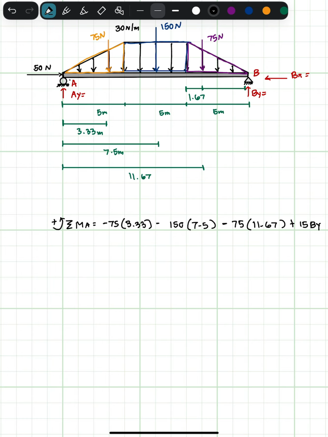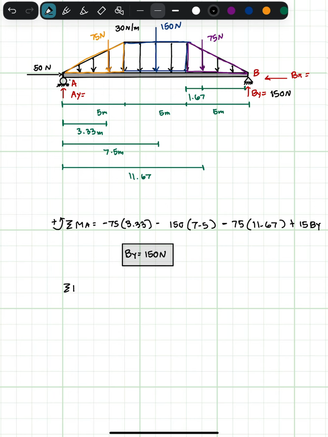So let's do some quick math. I'm getting negative 2,250 divided by 15. So my BY reaction is equal to 150 newtons. Cool. 150 newtons. So we have that reaction.